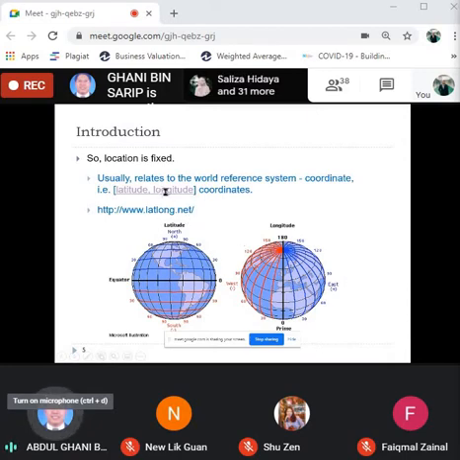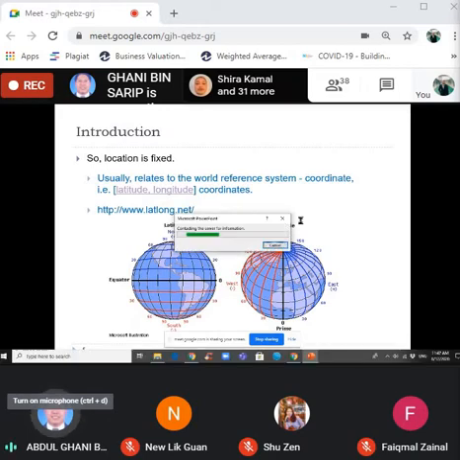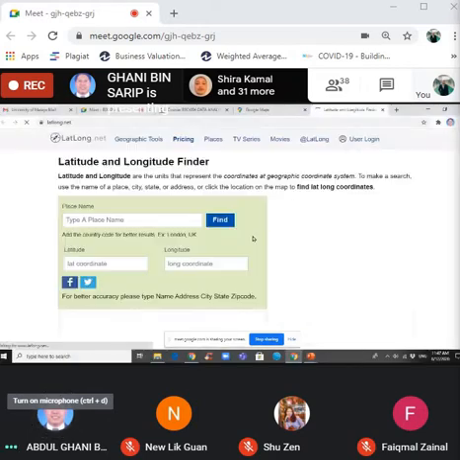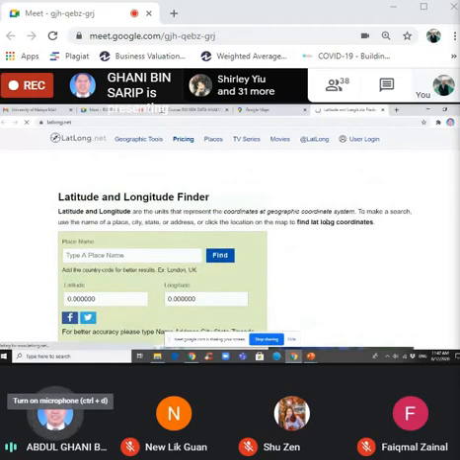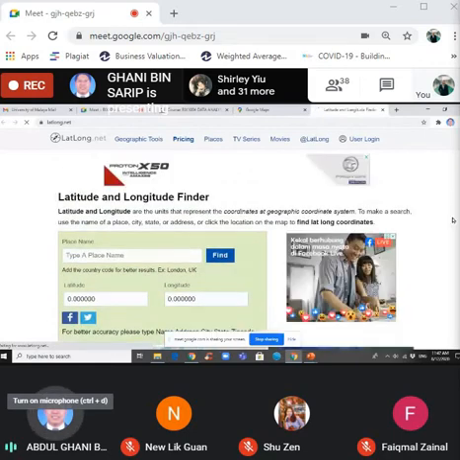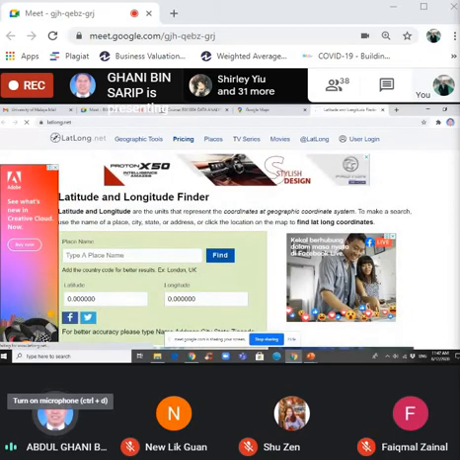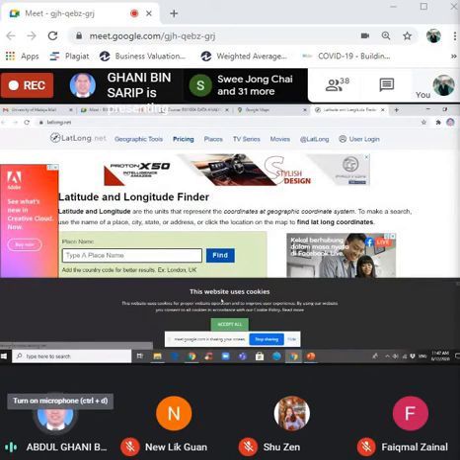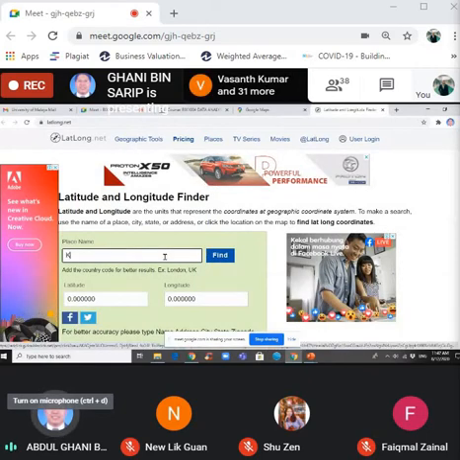And let's say if I open this up, it will link to this website where you can simply find a location. Let's say you type a place, for example Kuala Lumpur.